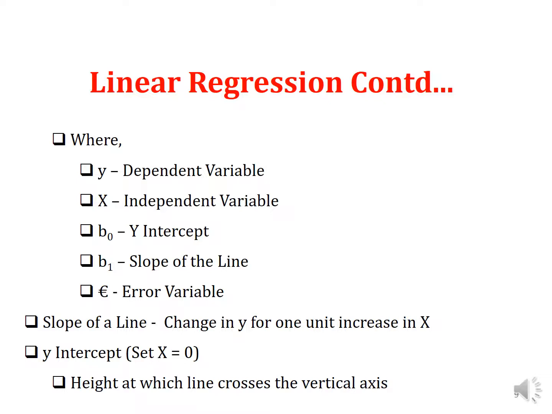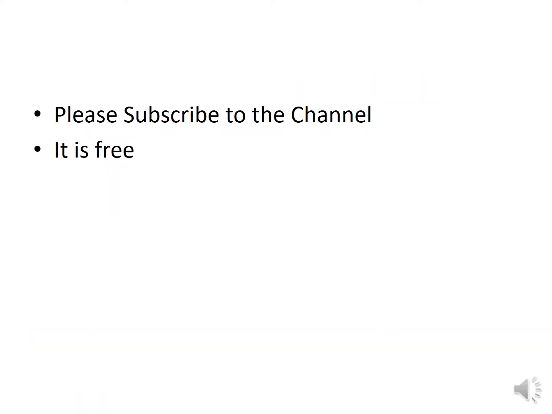These are the two parameters of the model, where x and y are variables, whereas the slope of the line and y-intercept are the parameters. And epsilon, as we discussed, is the error variable.